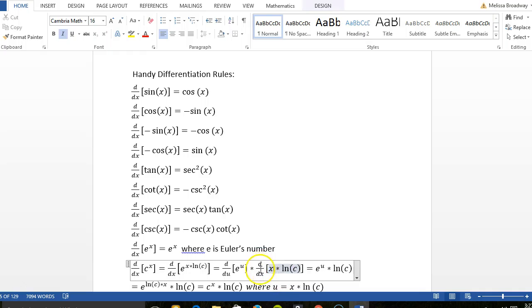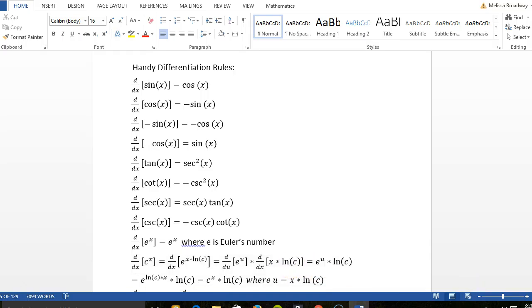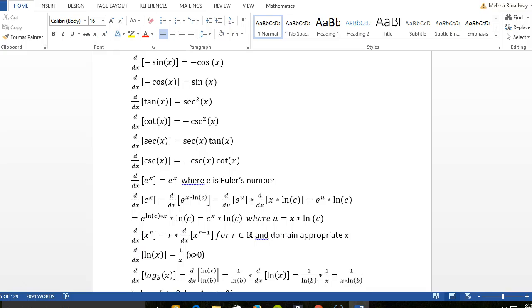So if you do the derivative of ln c times x, you just get ln c. If you do the derivative of a constant number times x, you'll just get that constant number, and ln c is that constant number here. You can show that by pushing limits, but in a minute we'll have a way to deal with that.